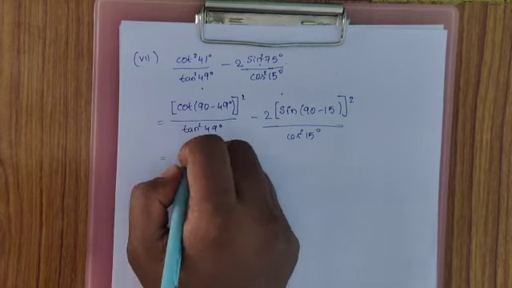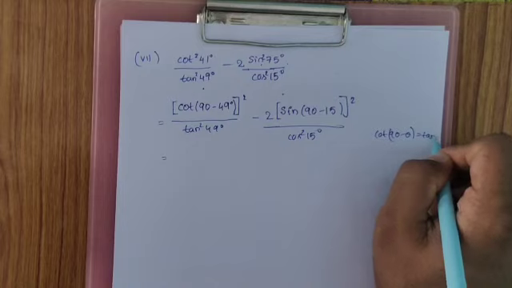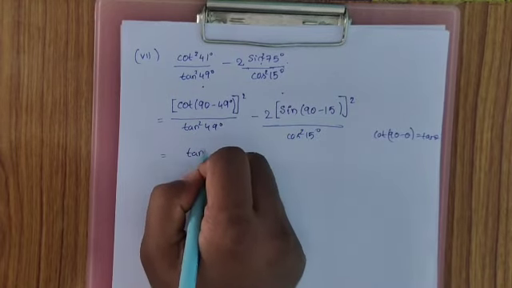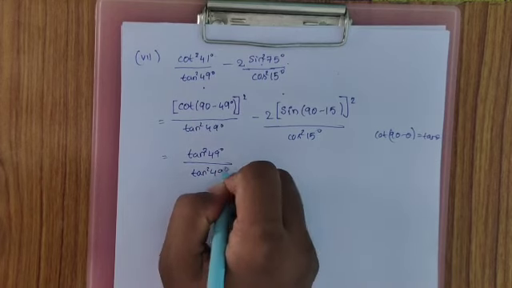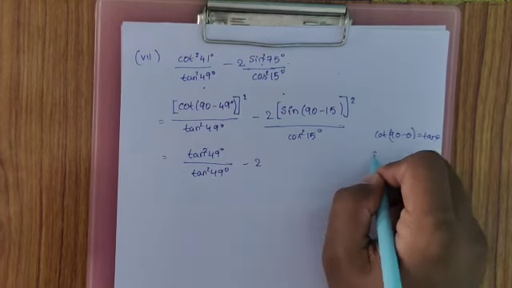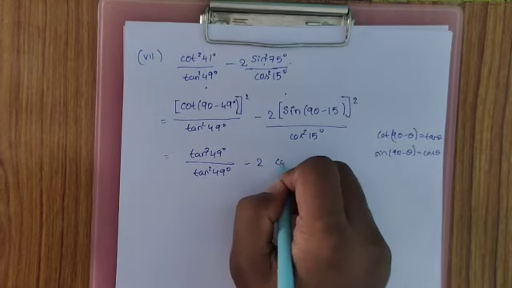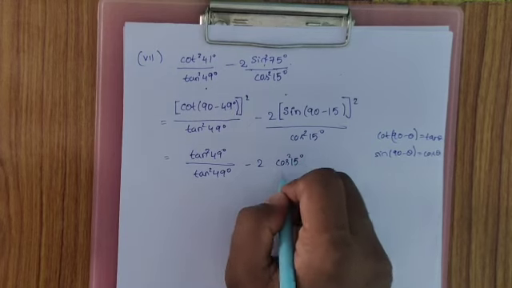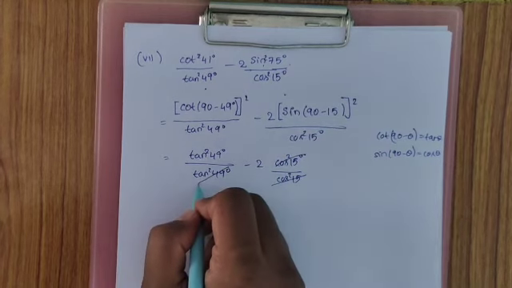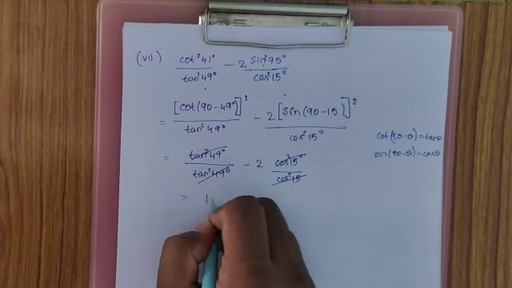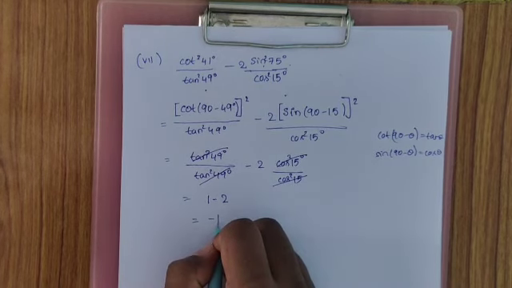That can be changed as, cot of (90 minus theta) becomes tan theta, so tan square of 49 degree dividing by tan square of 49 degree, minus 2 into, sin of (90 minus theta) becomes cos theta, so cos square of 15 degree dividing by cos square of 15 degree. Here cos square 15 and cos square 15 get cancelled, tan square 49 and tan square 49 get cancelled, 1 minus 2. So the result is minus 1.